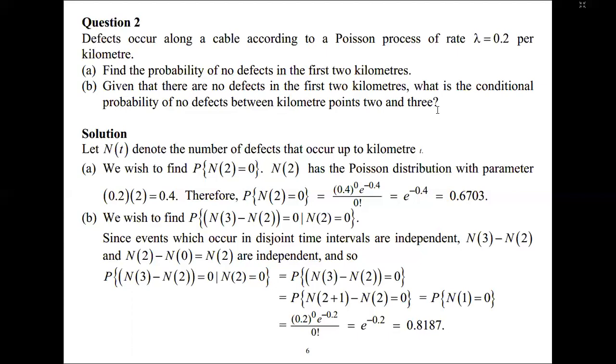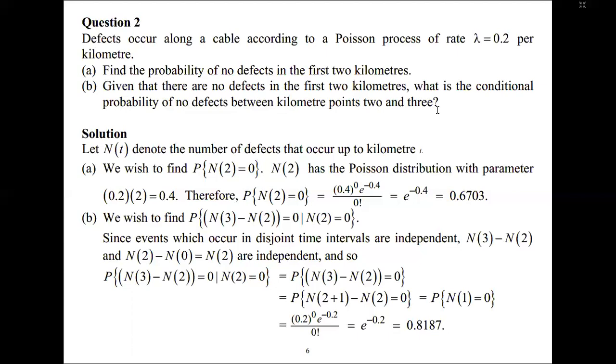So for every 2 kilometers, how many defects do you expect to occur? It will be 0.4.